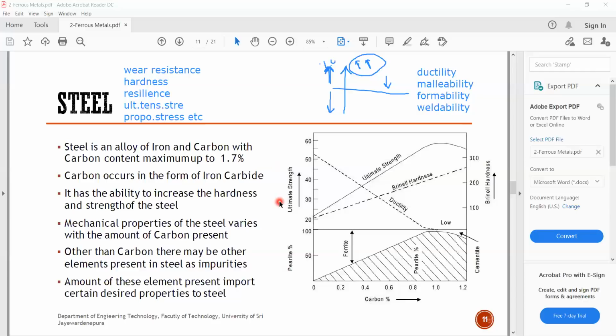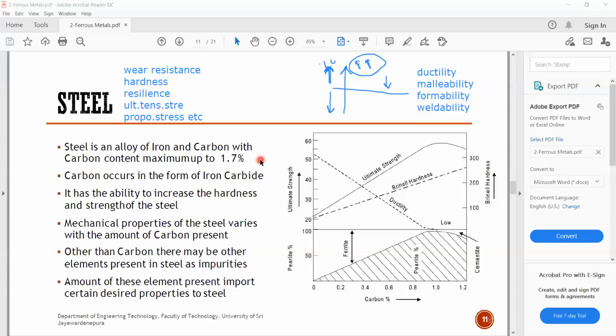So as a summary, if the steel contains a maximum amount of carbon percentage of 1.7, it is called cast iron. In that case, you can do only the casting process.